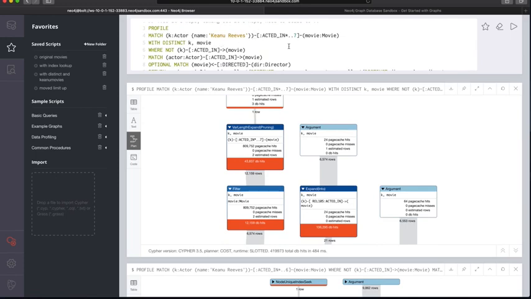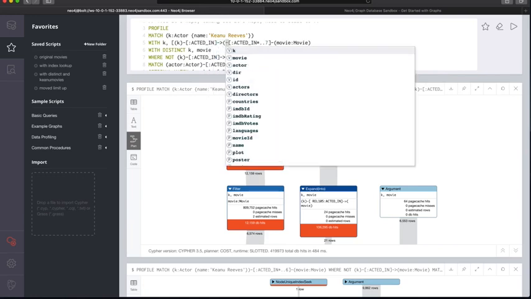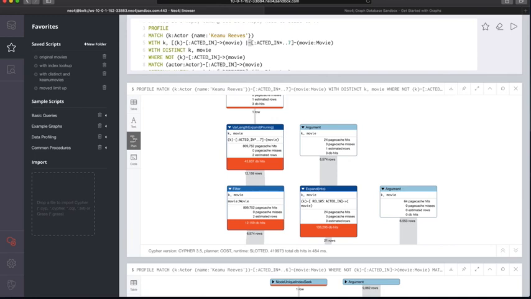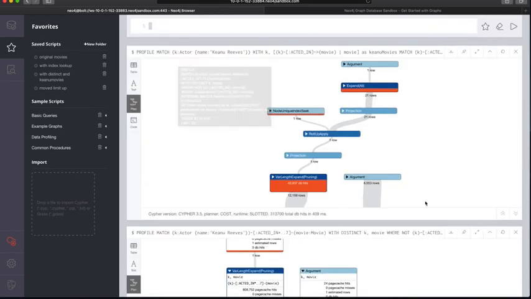Why don't we collect the movies Keanu Reeves has acted in? We're going to use that to do our filtering here. So rather than hitting the graph to expand, we're just going to do some list membership checking. All right, a little bit.